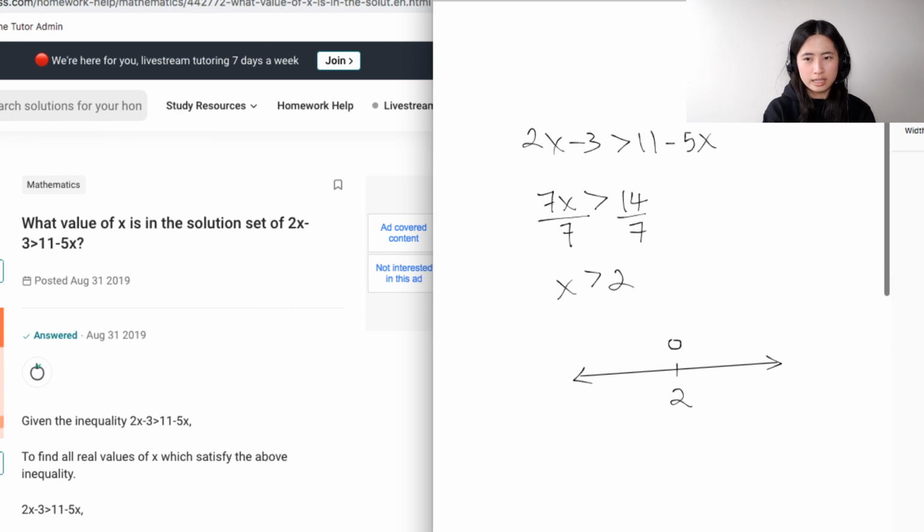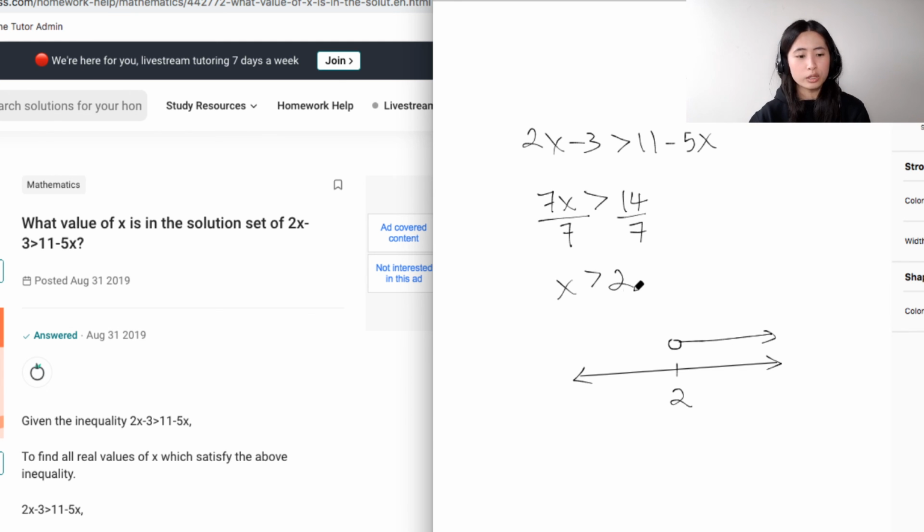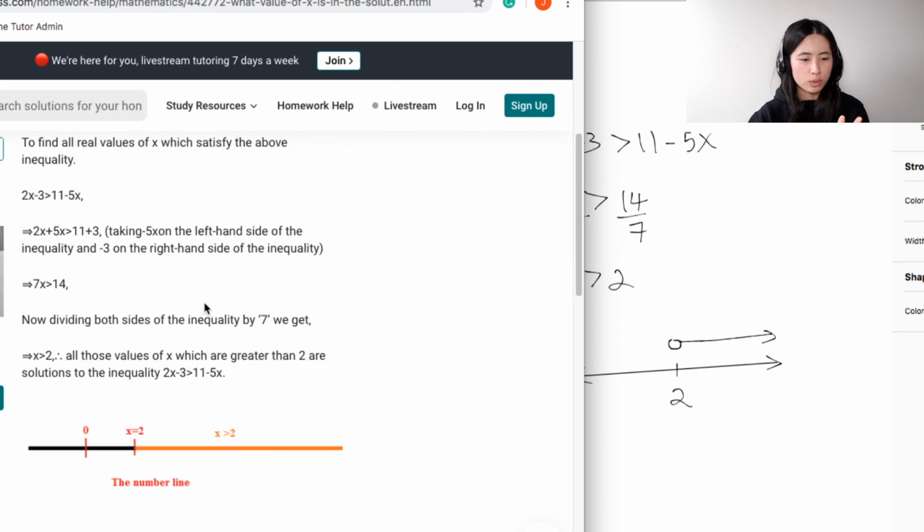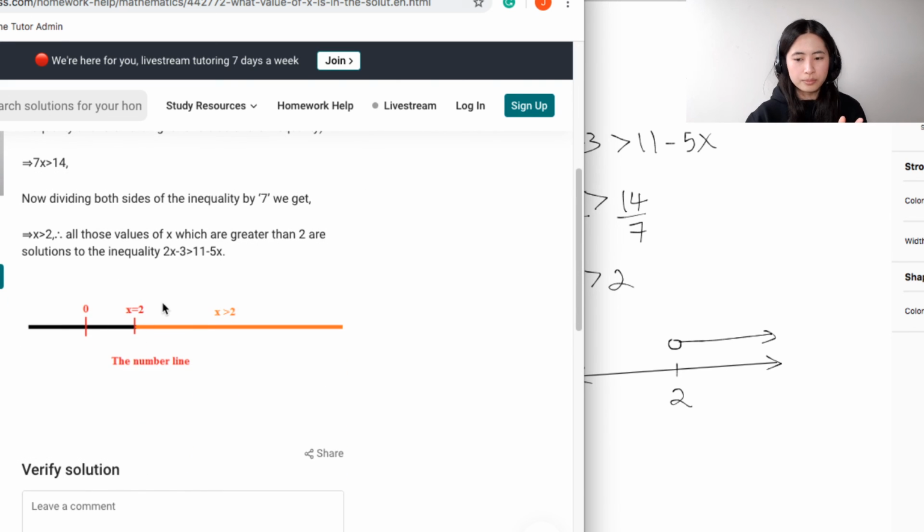That's why this is going to be a hole over here, and this is going all the way after 2, because it says greater than 2, that means it's any number after 2. And 2 is not included. That's why this is the solution set, which is x greater than 2.